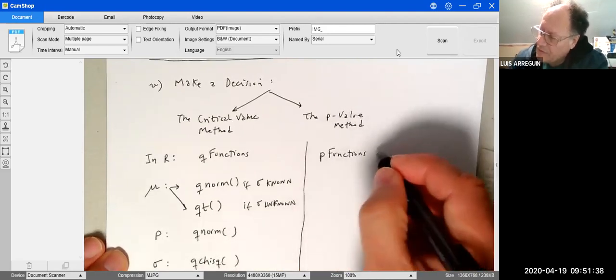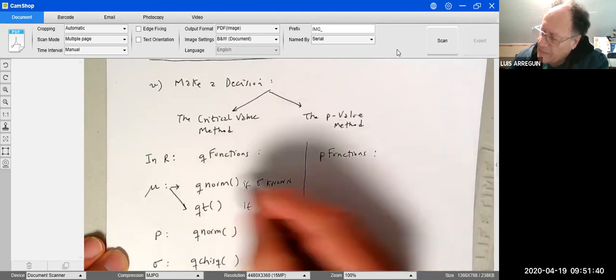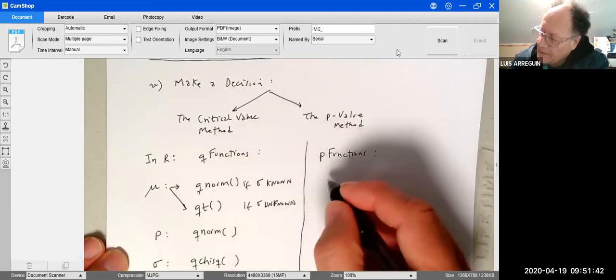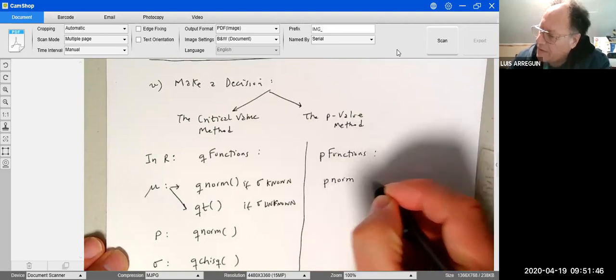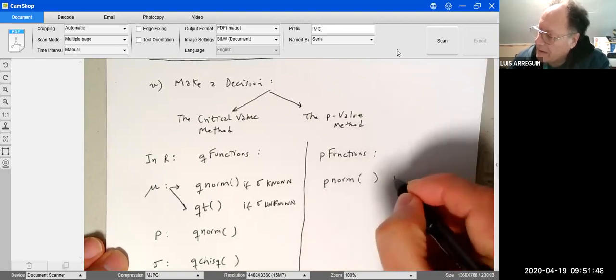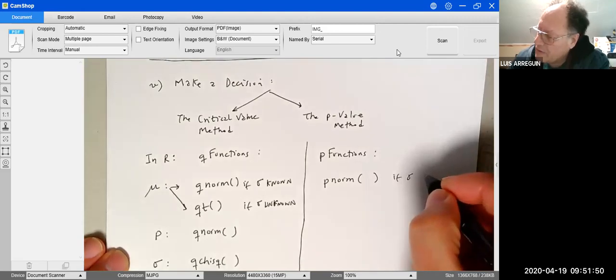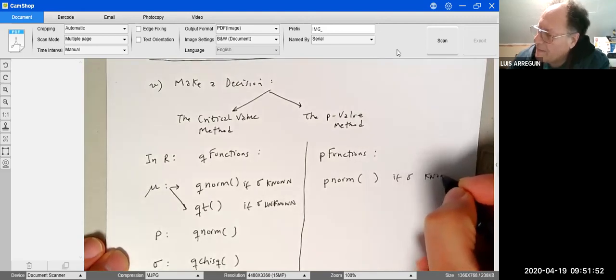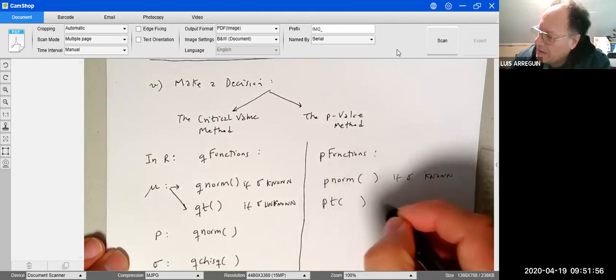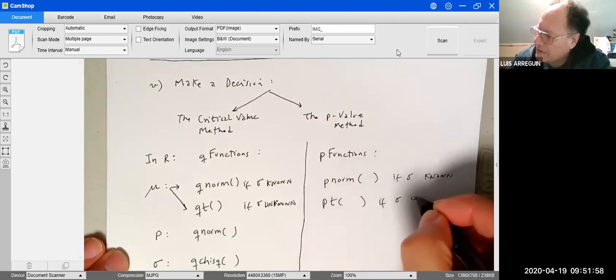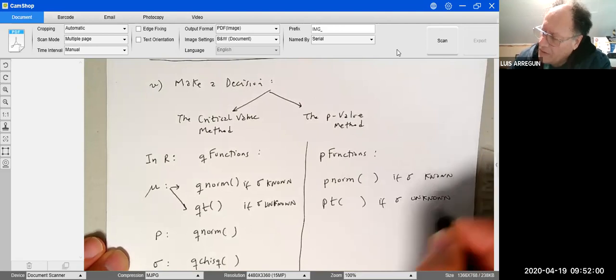The p functions that we're going to use for the mean are going to be pnorm, again, if the standard deviation of the population is known, or we're going to use pt if the standard deviation is not known.